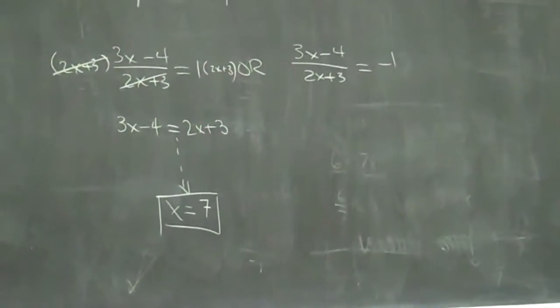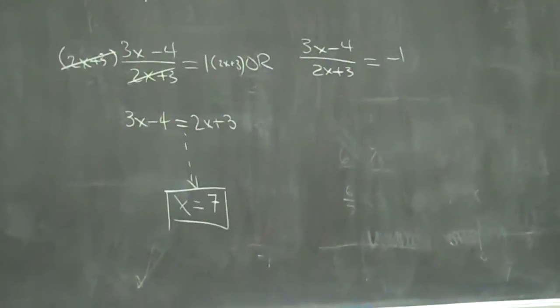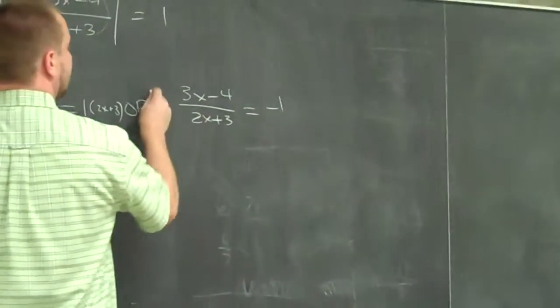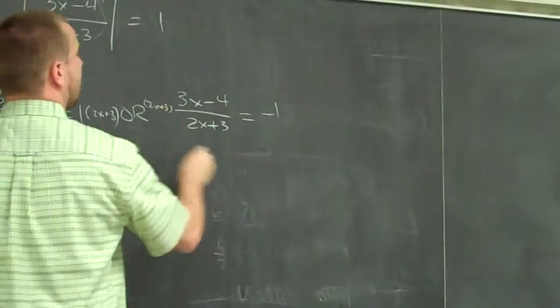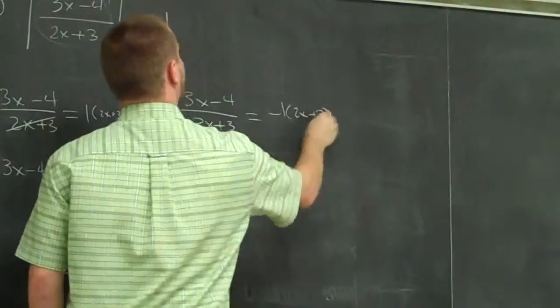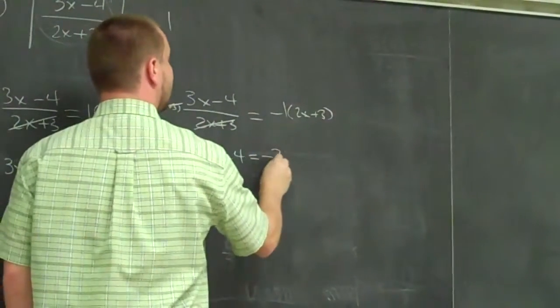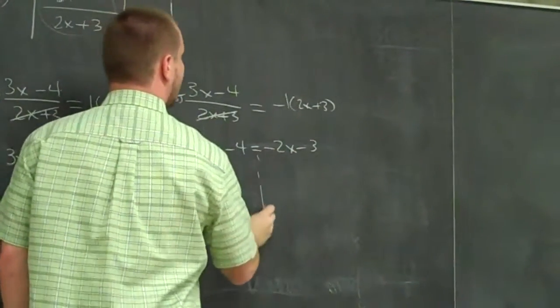On the other side, same thing happens. I multiply both sides by 2x plus 3. Multiplying and dividing cancel. 3x minus 4 equals negative 2x minus 3.